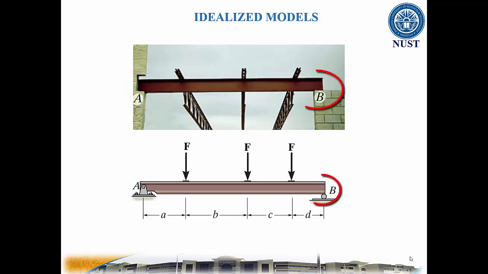At B, a roller can be considered since this support offers no resistance to horizontal movement. Finally, the weight of the beam is generally neglected when it is small compared to the load the beam supports. The idealized model of the beam is therefore shown with average dimensions A, B, C, and D.